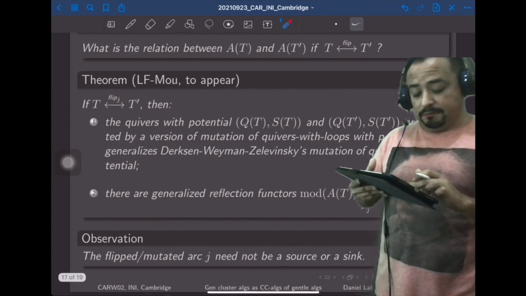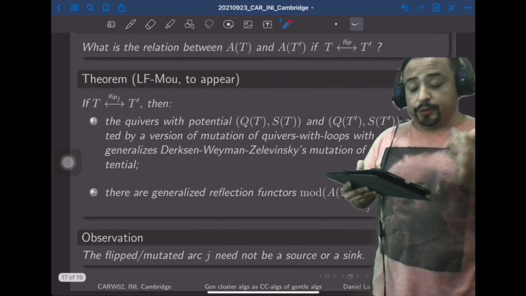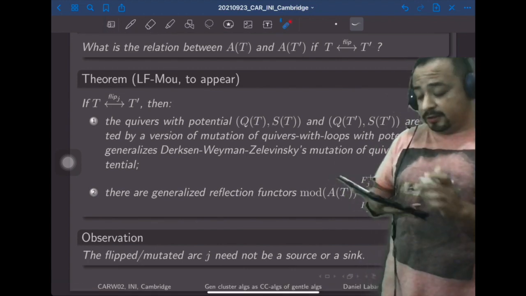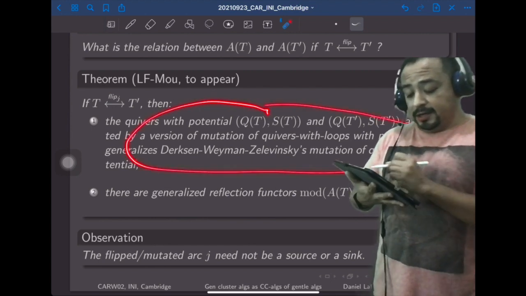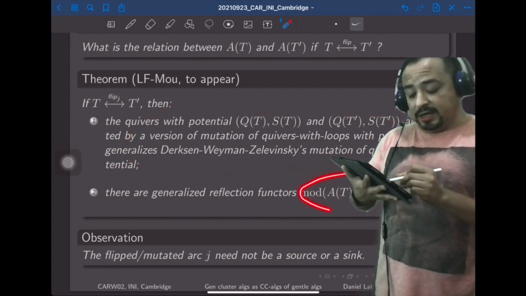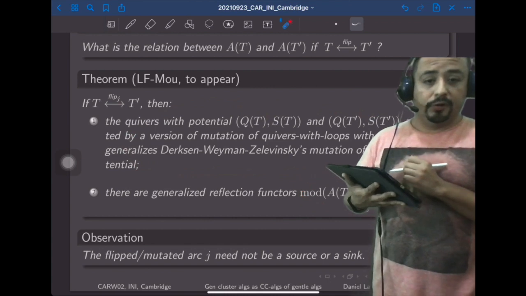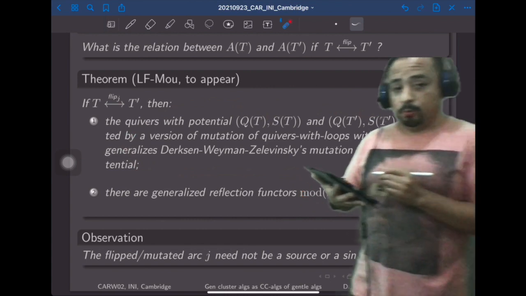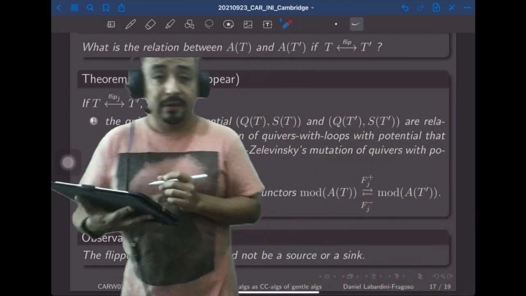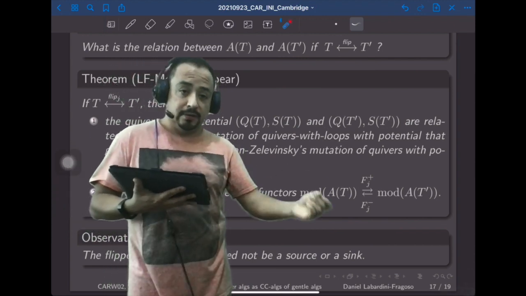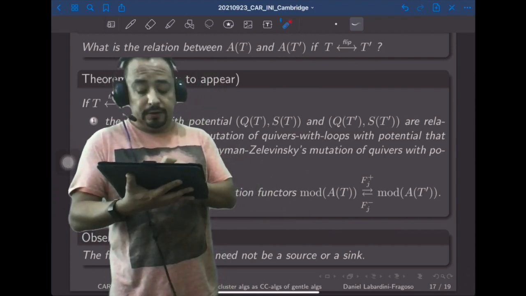Some other defect of this mutation is that we can define these generalized reflection functors, but what we cannot do is define mutations of representations, as in the work of Derksen, Weyman, Zelevinsky.